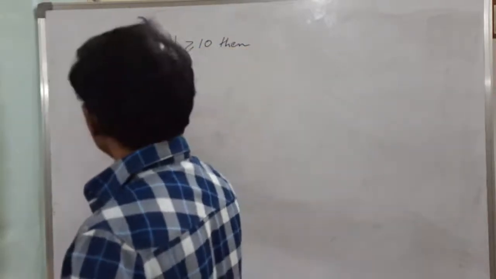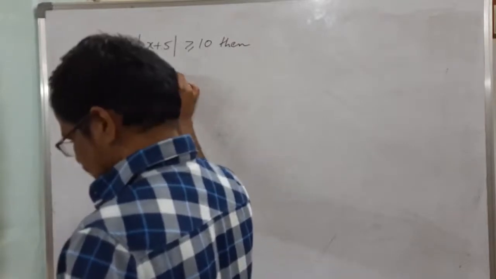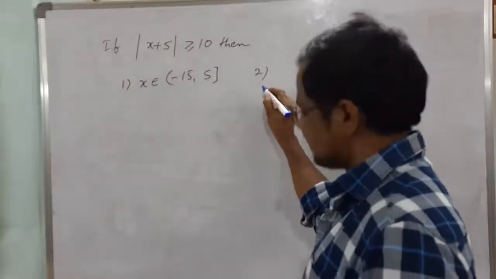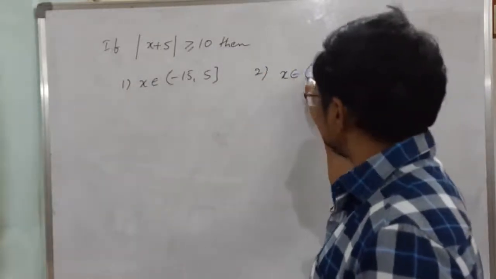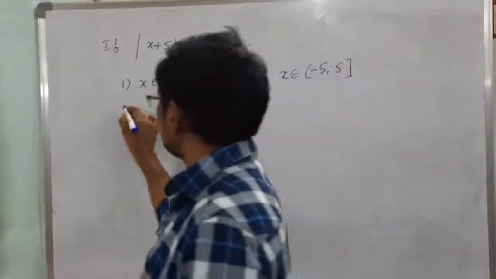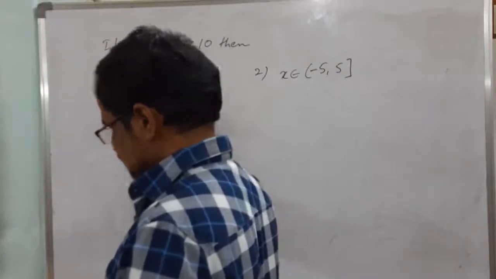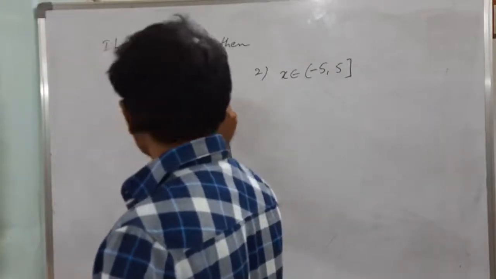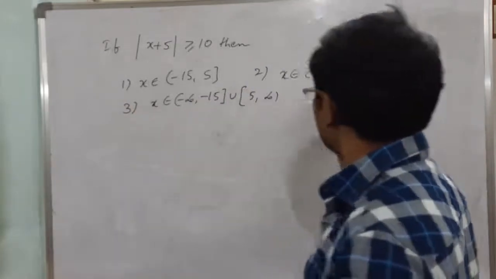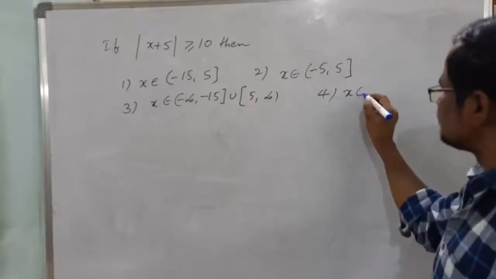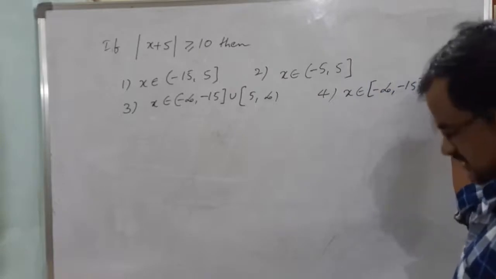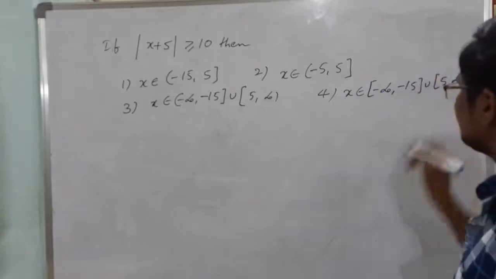The first option is x belongs to the open interval minus 15 comma 5 closed. The second option is x belongs to minus 5 comma 5, closed and open. The third is x belongs to minus infinity to minus 15 closed union 5 to infinity, and the fourth option is x belongs to closed interval minus infinity to minus 15 union closed interval 5 to infinity.